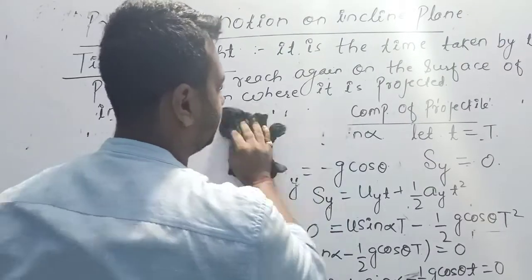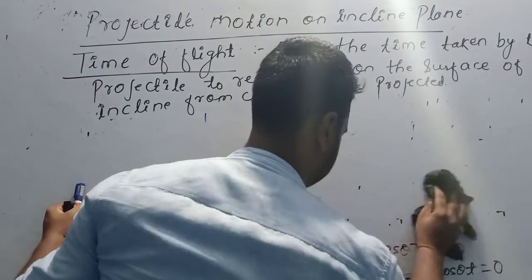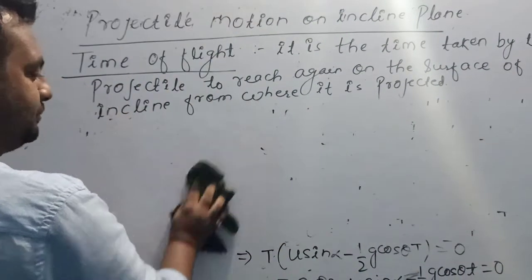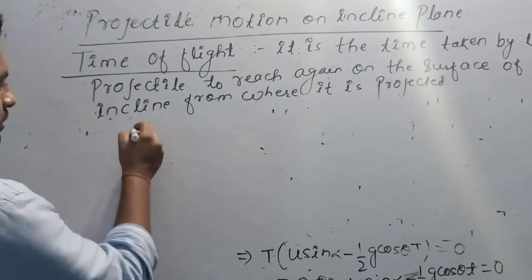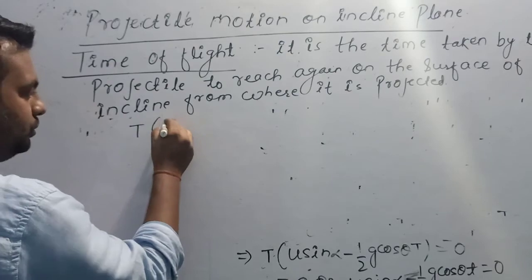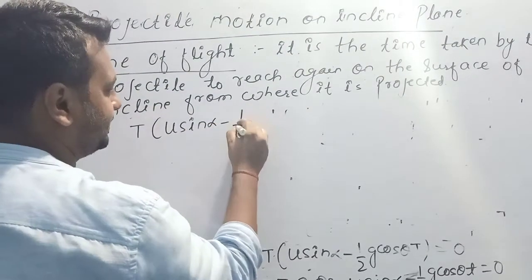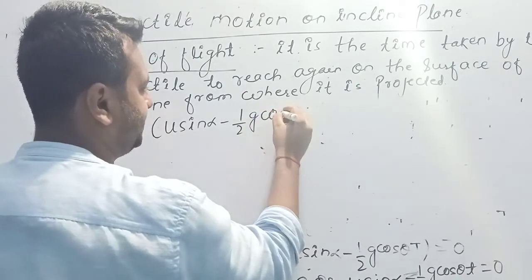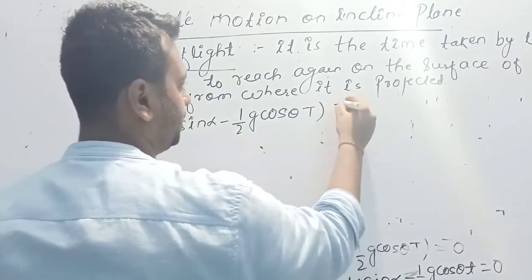From this equation, I am again writing here, I have got t into u sin alpha minus half g cos theta into t is equal to 0.